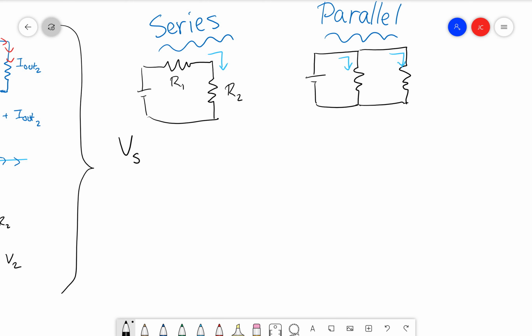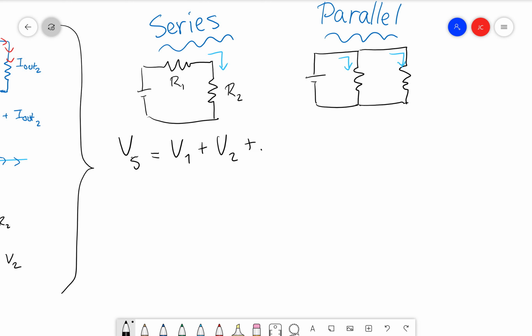So, Vs, and you could also use Vt for essentially the same meaning, is going to be equal to V1 plus V2, etc. When I say plus, I just mean that if there are more loads, you just keep adding plus V3, plus V4, and so on.